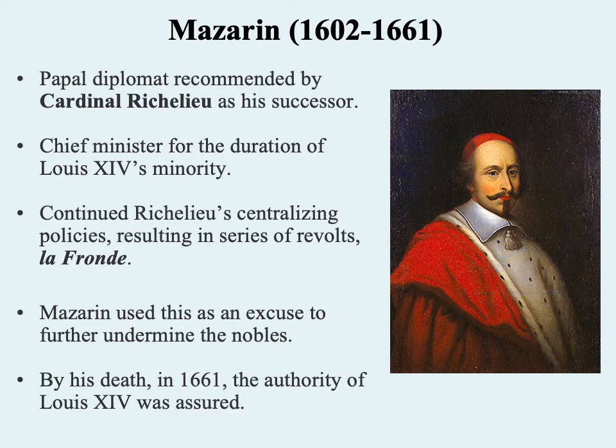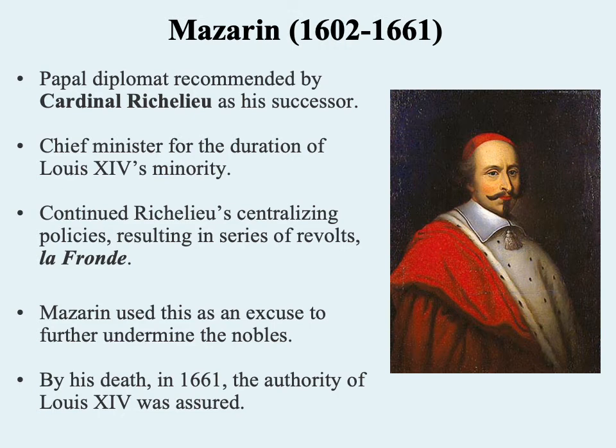So they're going to actually incite a series of revolts, mostly among Parisian commoners known as La Fronde, where basically they begin attacking the royal palace in Paris, often using slingshots to project stones, breaking glass and so forth. Hence why I call it La Fronde. A frondeur is someone who uses a slingshot.